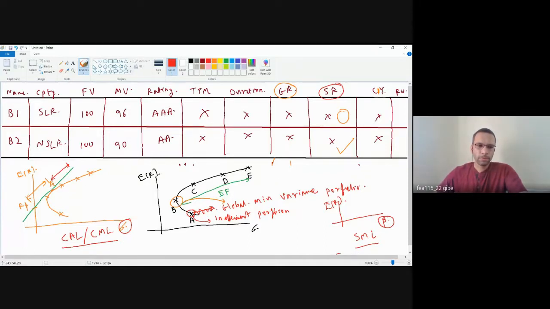Now what we do is we pick a tangency portfolio. So here A is what I'm showing as the tangency portfolio. Now why do I say tangency portfolio? Because this green line is tangential to this orange curve which I've shown here. And this point at which it is tangent is the point whereby the slope of the line is the highest. When the slope of the line is highest, that means the expected return is also supernormal here.